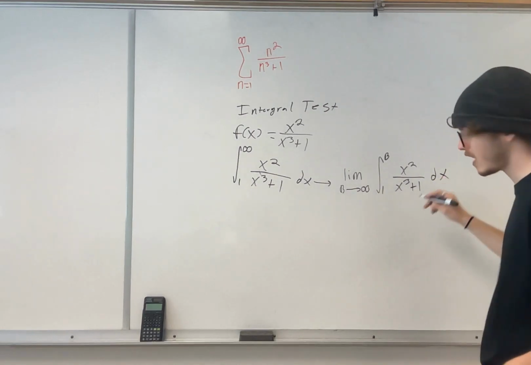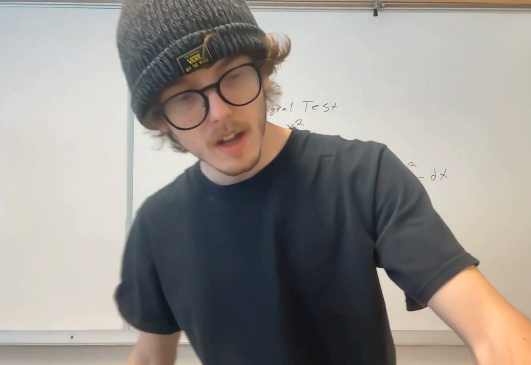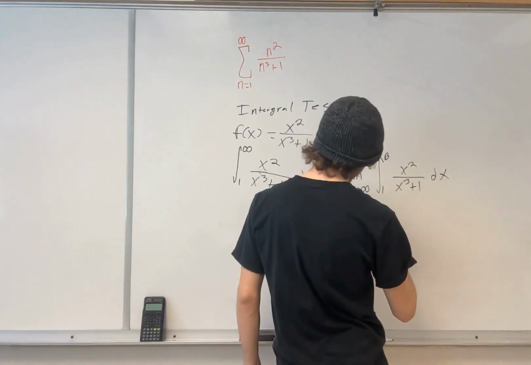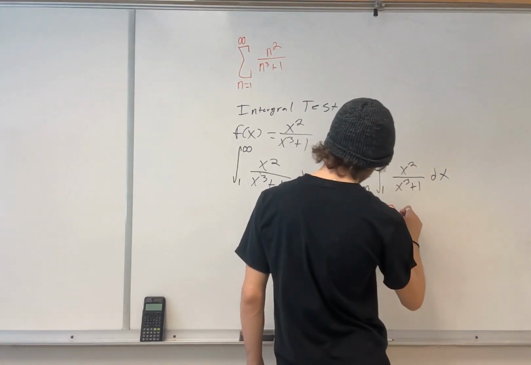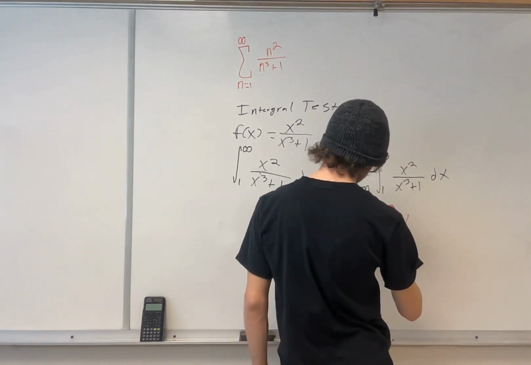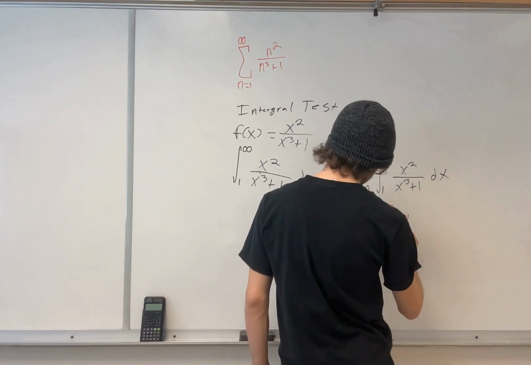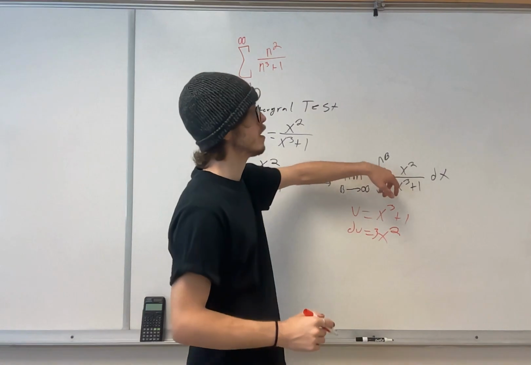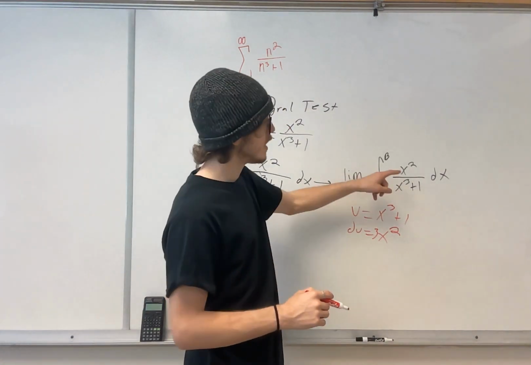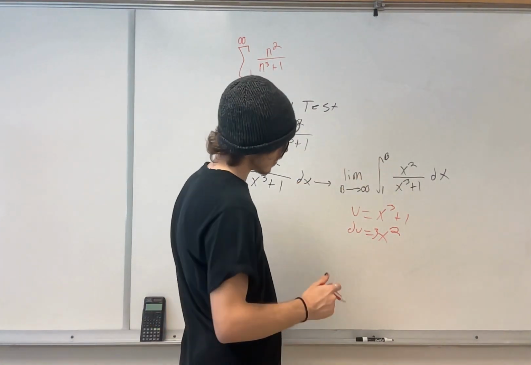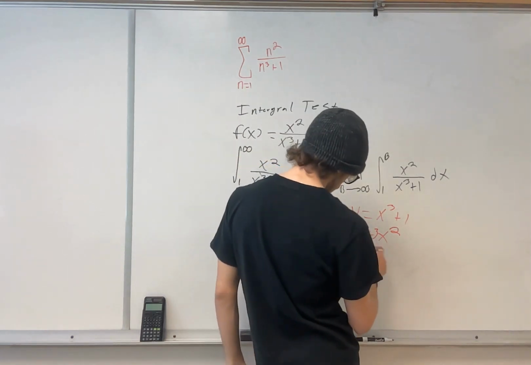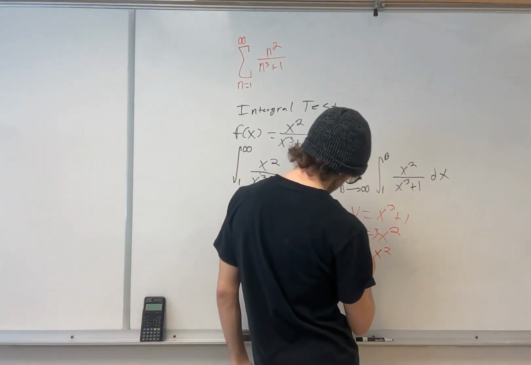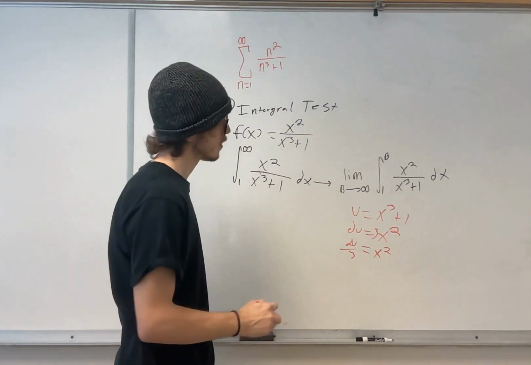Hopefully you see that this is a little bit of simple u sub. I'll write it in red for you, where u is going to be equal to x to the third plus 1, where du is equal to 3x squared. But notice here, our du is only 1x squared, not 3x squared. So we're going to have to divide by 3 to get du over 3 is equal to x squared.